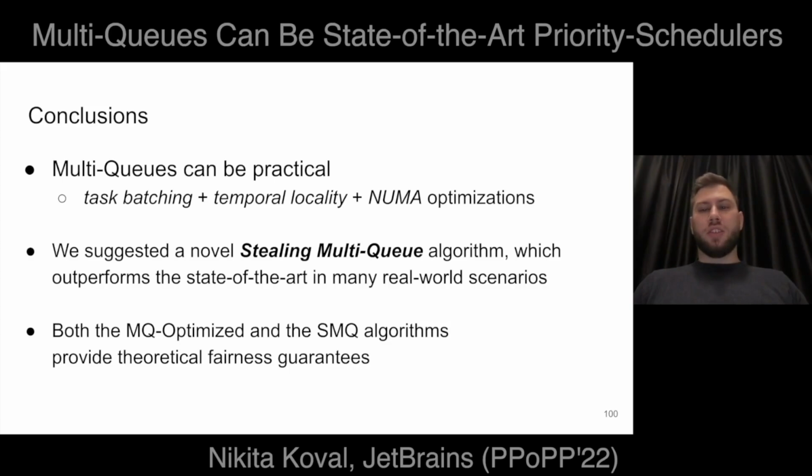Also, we've suggested a novel stealing multi-queue algorithm which outperforms all the existing solutions in many real-world scenarios. And the last but not least is that both the optimized version of the multi-queue and the stealing multi-queue algorithms provide theoretical fairness guarantees in a way similar to the classic multi-queue algorithm.